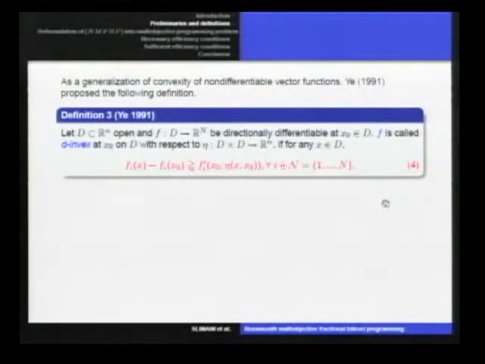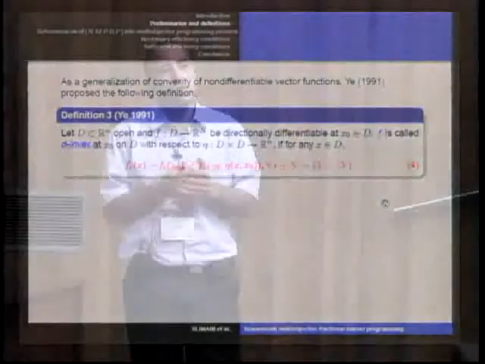Note that each component of the vector function f is considered to be directionally differentiable in the same direction eta. However, this same direction does not always exist if we have functions that are not locally Lipschitz.